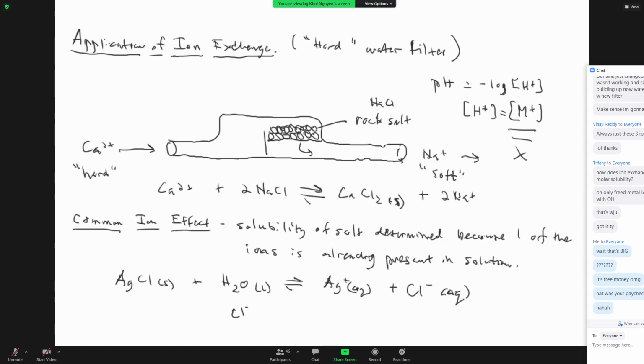Since I was working in California at the time, if this chloride ion is already present in solution, it drives the reaction back this way, making that silver chloride less soluble, which means I couldn't get it from this silver chloride tablet into dissolved silver, which is what I wanted in the first place.